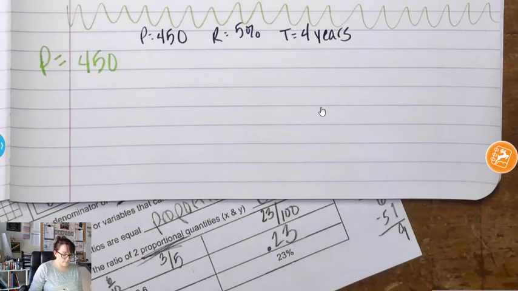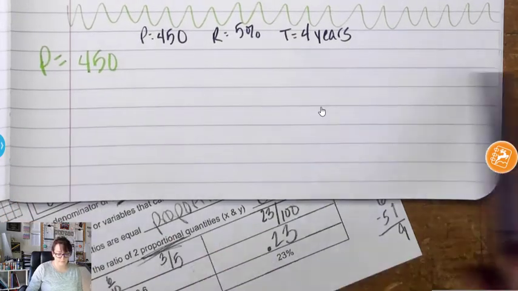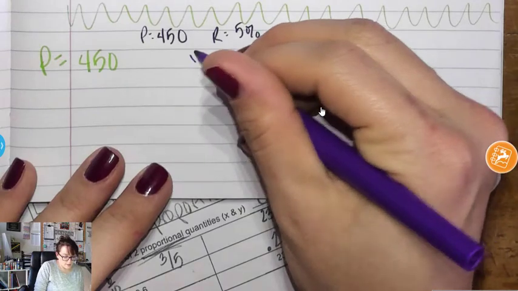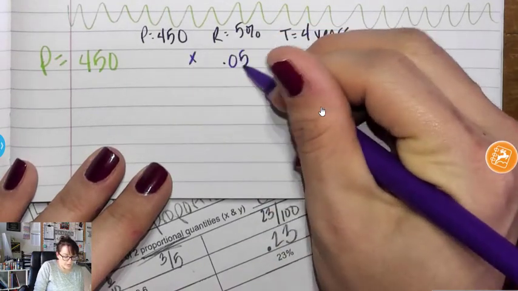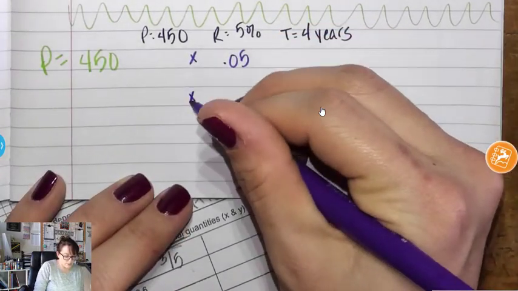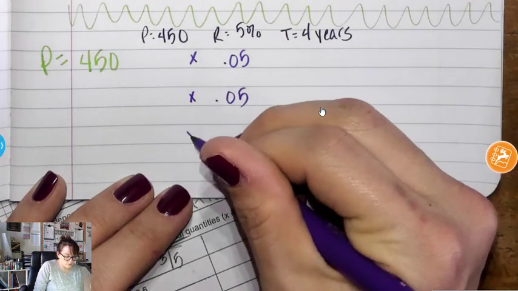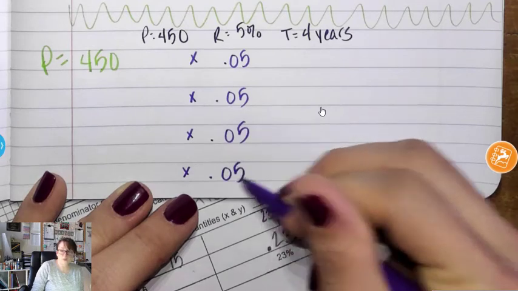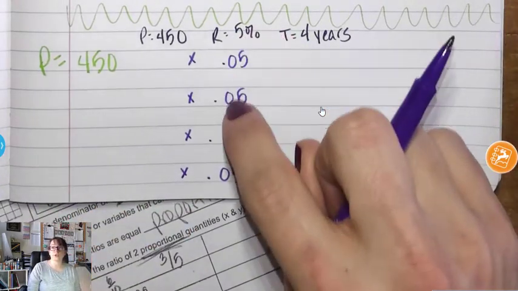So I start with $450. I need to multiply by 0.05, and I'm going to do this 4 times. So 4 years: 1, 2, 3, 4.